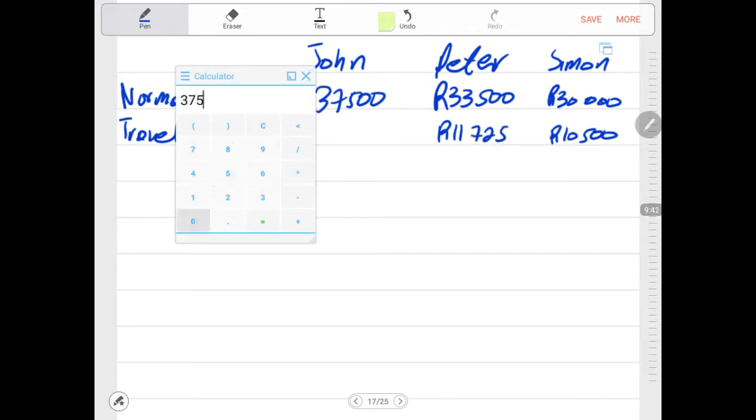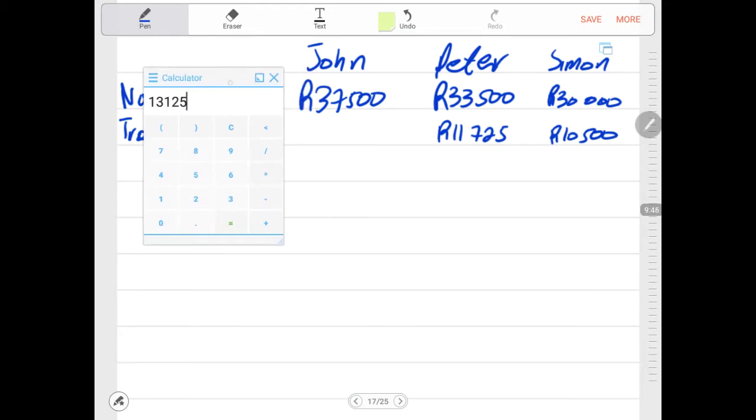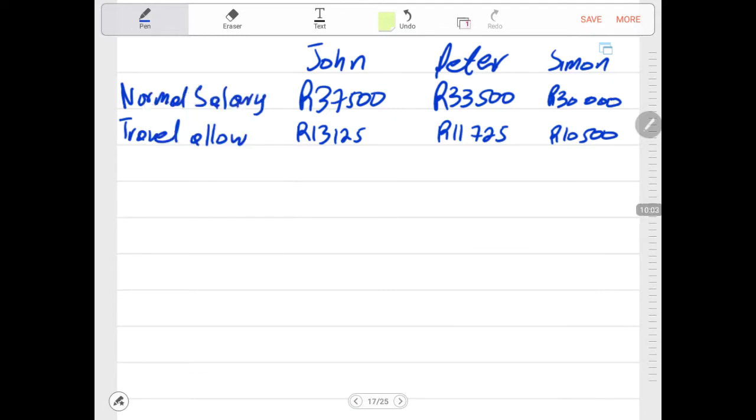Then 37,500 times 0.35 will give us a travel allowance of 13,125. So John can travel at a cost of 13,125 at the expense of the company. They enjoy this benefit, which they don't pay for, but they should be paying for it. Remember, they don't travel for business, they travel for their own private use.